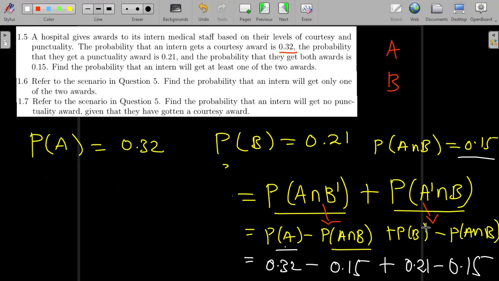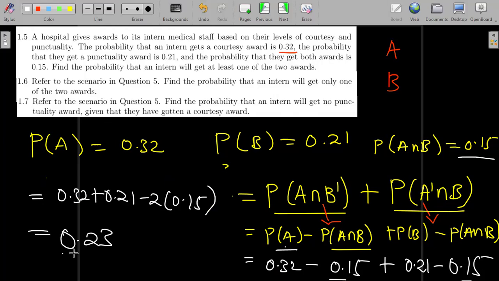So we can combine them: it will be equal to 0.32 plus 0.21 minus 2 times 0.15. Just get your calculator and punch in these values. I'm getting 0.23 as my answer. Okay, so we are done with part 6.